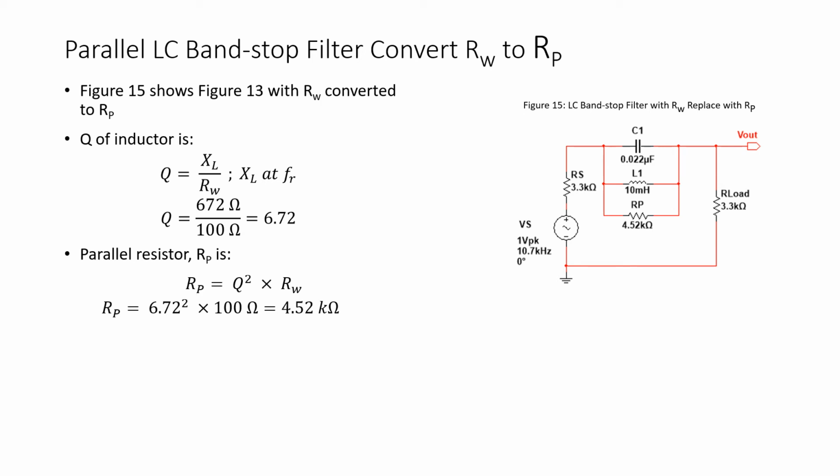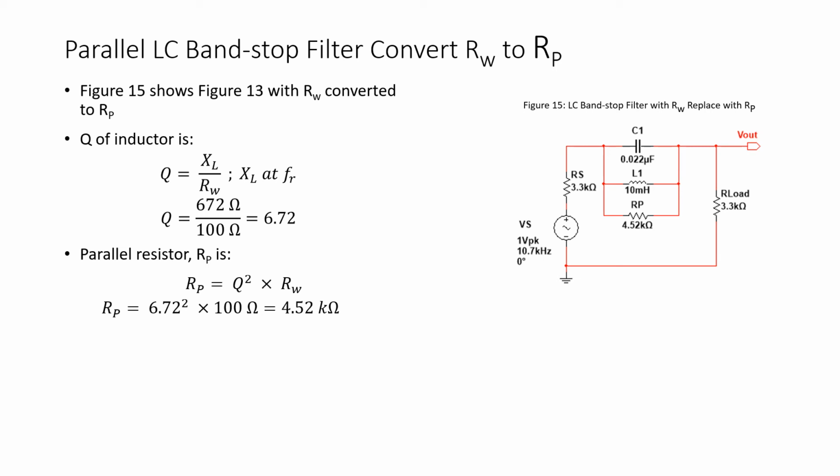So we have to take the wire resistance RW that was in series with L1 and convert it to a parallel resistor RP as shown in figure 15. This way IC and IL will be 180 degrees apart, and they will cancel at resonance.